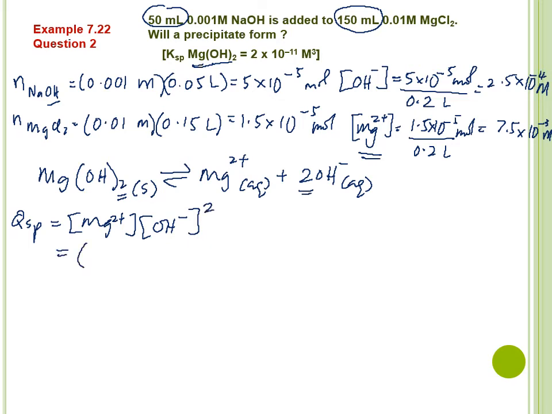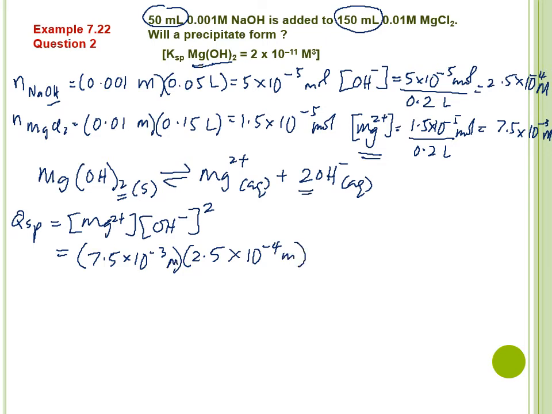So the concentration that we have calculated just now for magnesium is 7.5 times 10 to the power of negative 3, multiplied by the hydroxide ion concentration, 2.5 times 10 to the power of negative 4 molar.